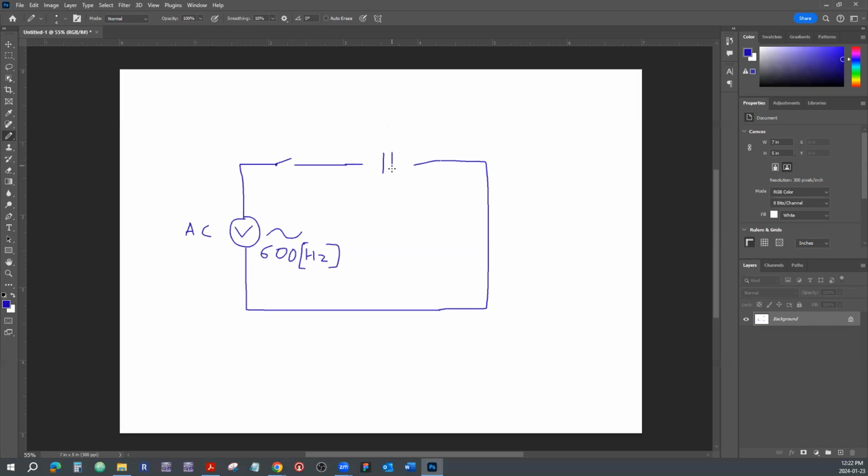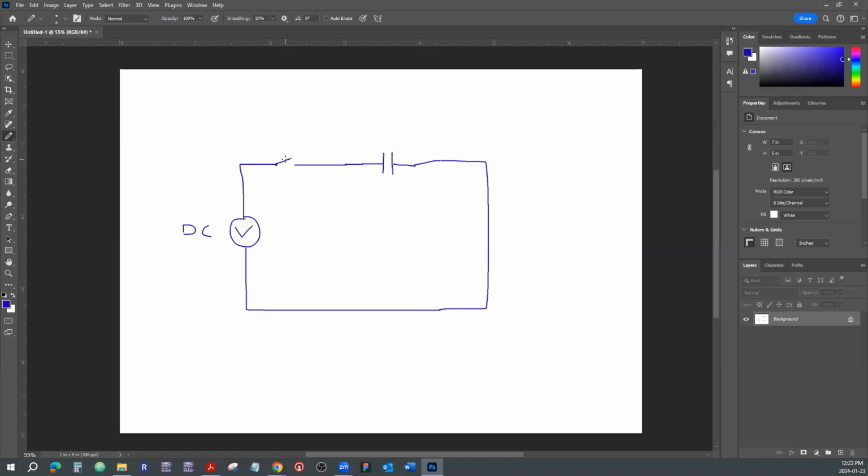It looks somewhat like that. A capacitor can store charges. Now, if we apply a pure DC signal, there's no hertz. All right, good. So DC signal here.